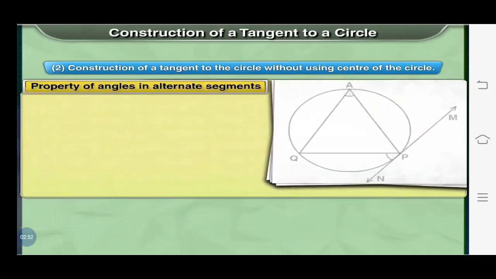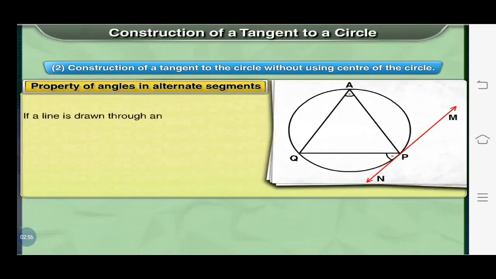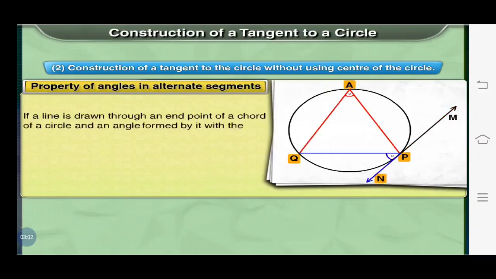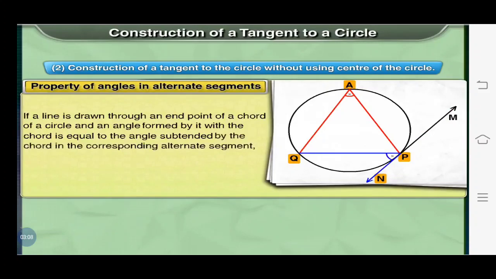If a line is drawn through an end point of a chord of a circle and an angle formed by it with the chord is equal to the angle subtended by the chord in the corresponding alternate segment, then the line is a tangent to the circle. We shall use this property to construct a tangent to the circle without using the center.